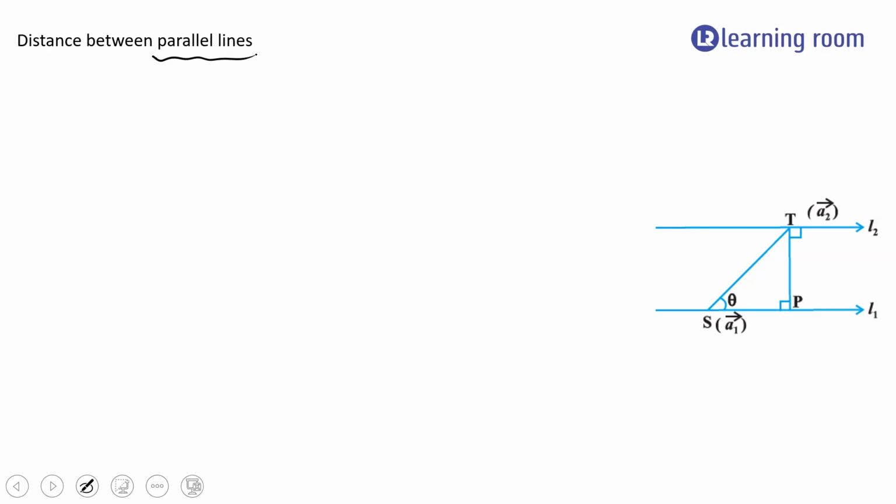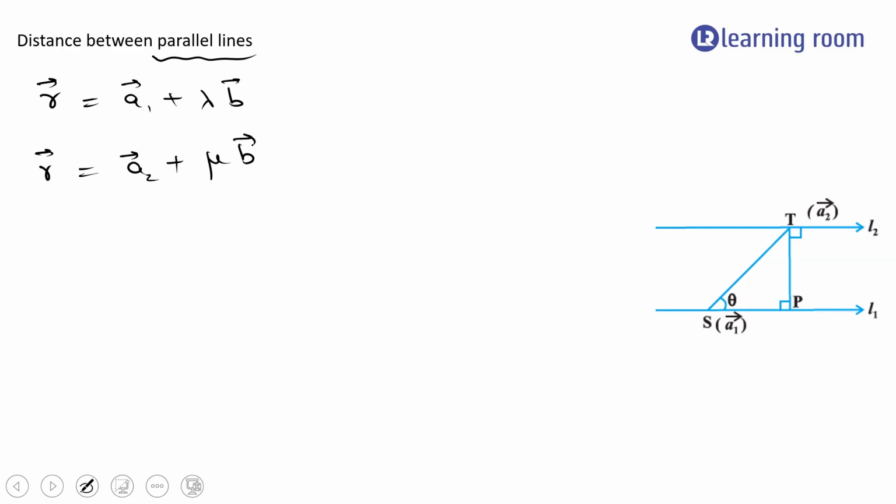When I say the lines are going to be parallel, how are we going to write the generic equation? We can write it as R vector equals A1 vector plus lambda times B vector, and R vector equals A2 vector plus mu times B vector.